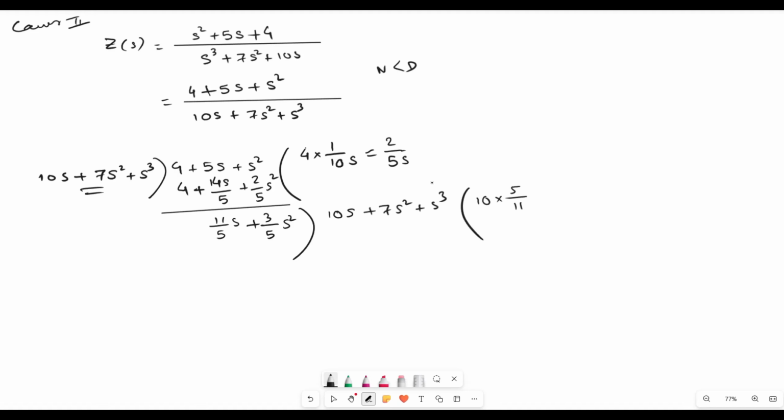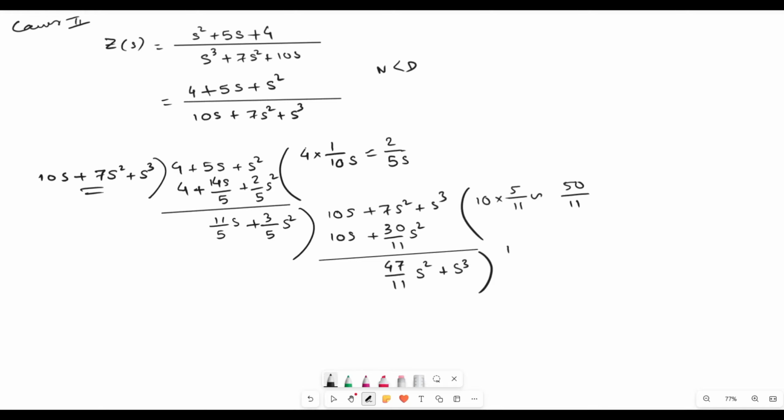Then we don't require anything for this s. So this will be our fraction, which is nothing but 50 by 11. Now this will be 10s plus this is 30 by 11 s square. We have two terms, so this is over. So after subtracting, we have here 47 by 11 s square plus s cube.